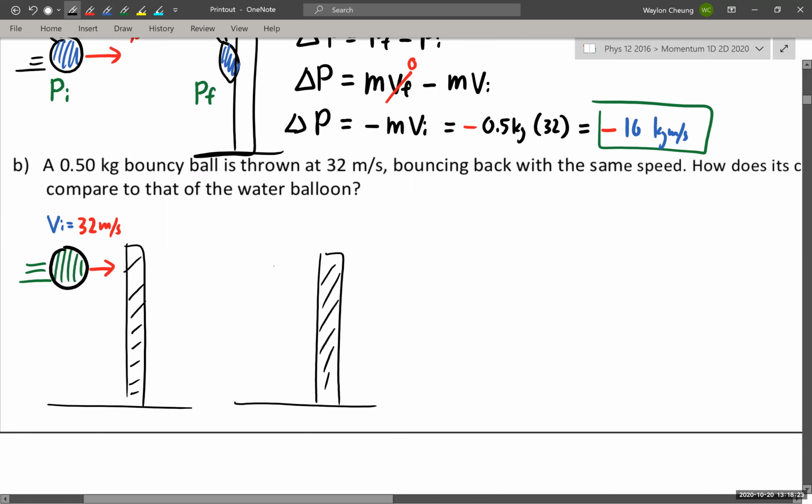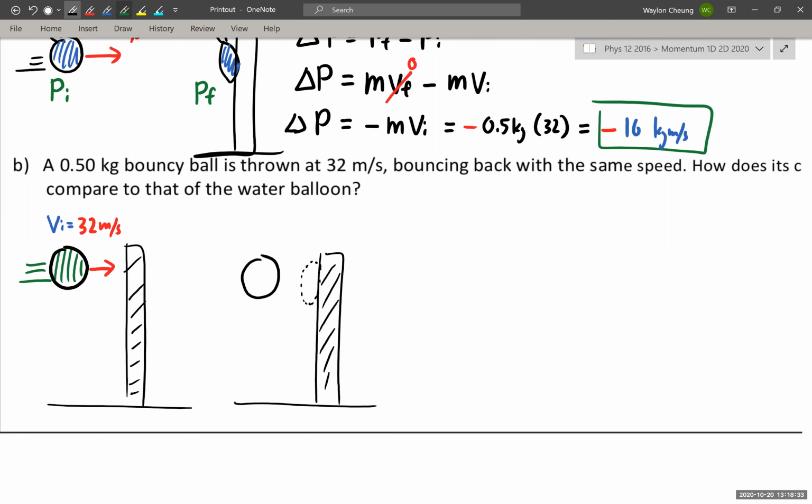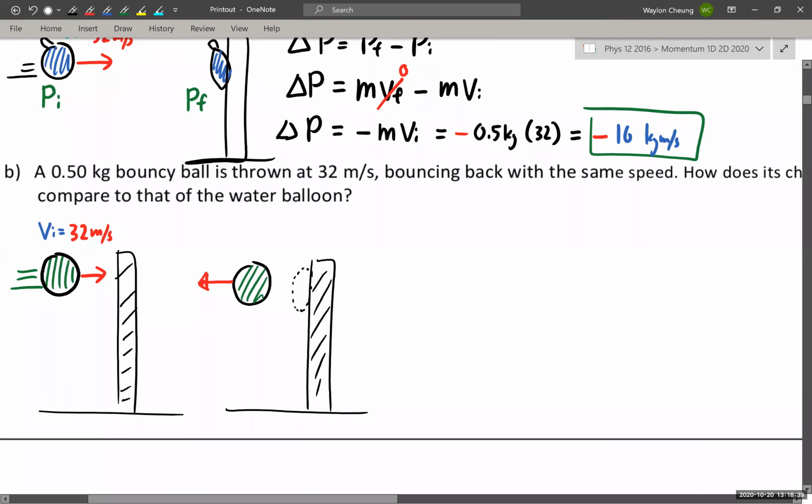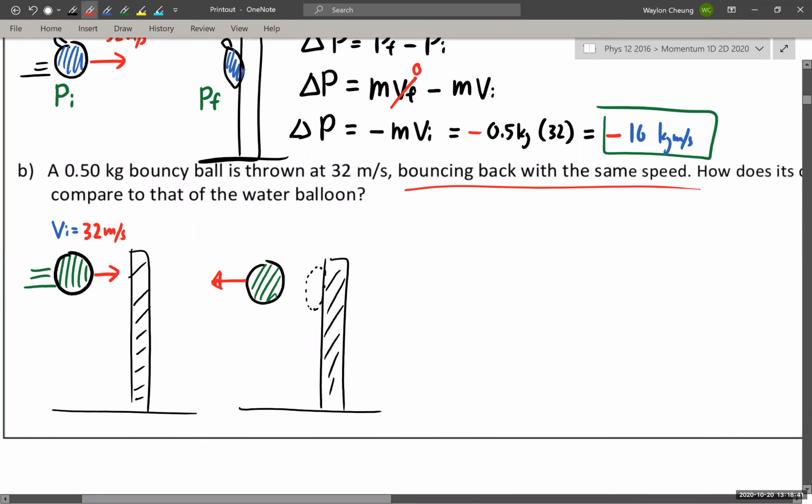The ball will hit the wall, momentarily deform, and then go back to its original size and shape, and then travel backward like this. Okay, so in this question, they say, assuming that the bouncing back is the same speed. Okay, same speed it is.